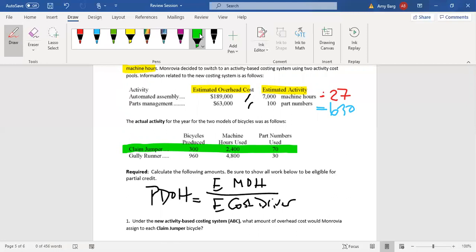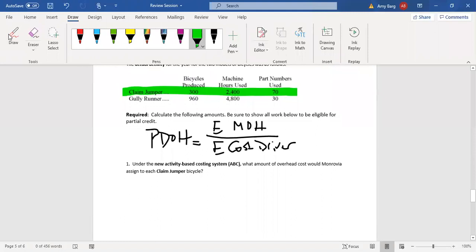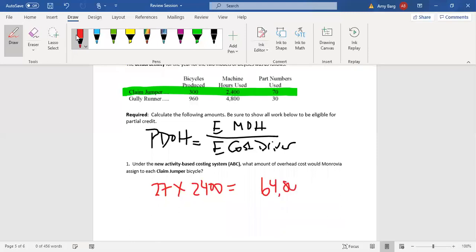So we just figured out that for machine hours, it's $27 per machine hour. So if we do 27 times the 2,400 machine hours, that's going to get you 64,800.